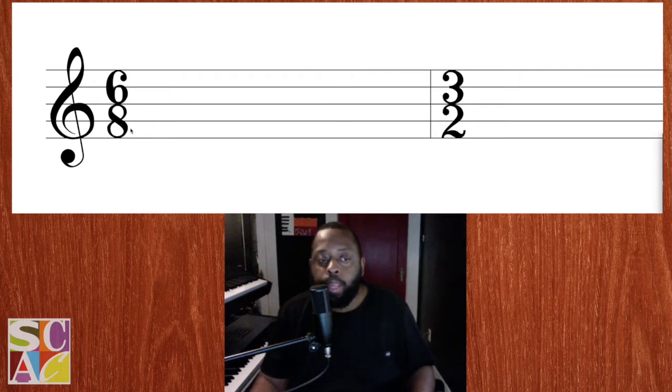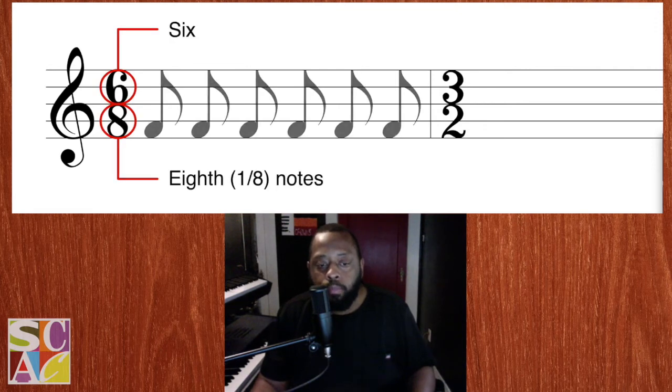So what does that mean? In the other example, you saw 4/4, which means that the quarter note was to get the beat. Now, the 8th note is going to get the beat because we see an 8. So now we have 6 8th notes, as you can see.